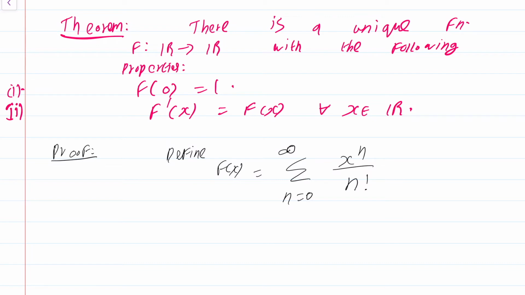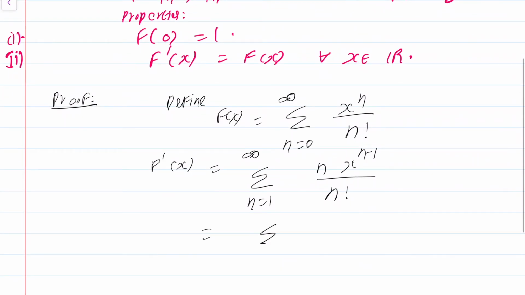Let's compute its derivative. Well, f prime of x, we know that if a power series converges, then in the interval of convergence, you can do term by term differentiation. So this will be summation n equals 1 to infinity n x power n minus 1 by n factorial, which you can just see is just summation n equals 0 to infinity x power n by n factorial.